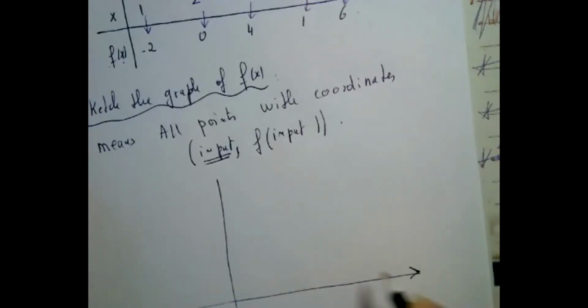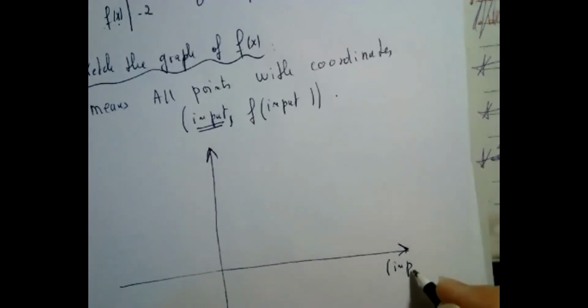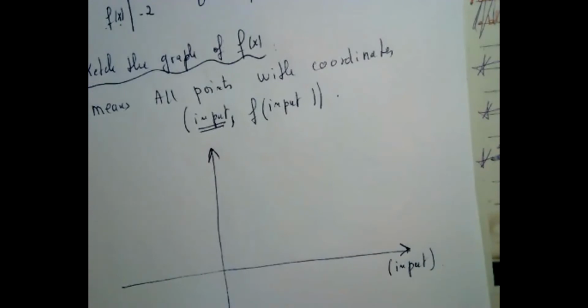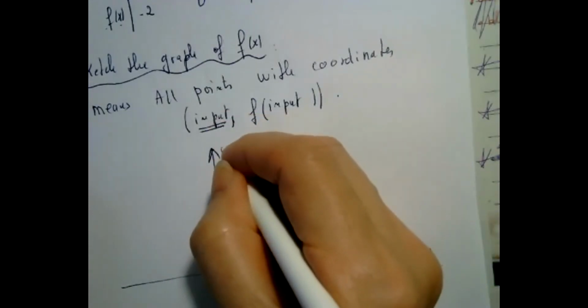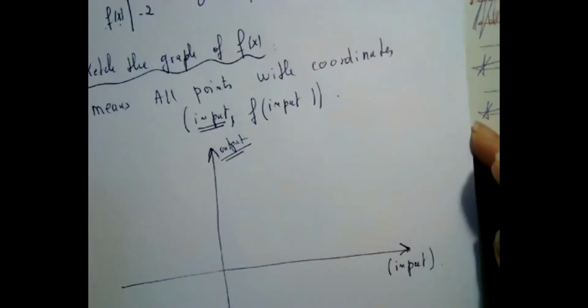So we take, of course, two lines, a horizontal and a vertical line. On the horizontal, we always put the input values. On the vertical, we put the output values.